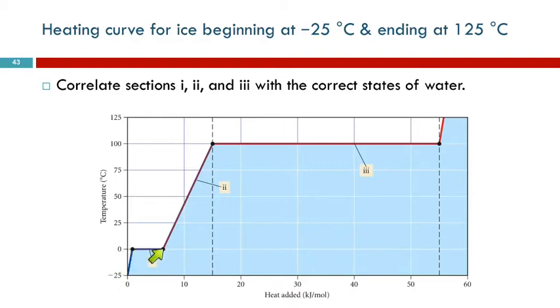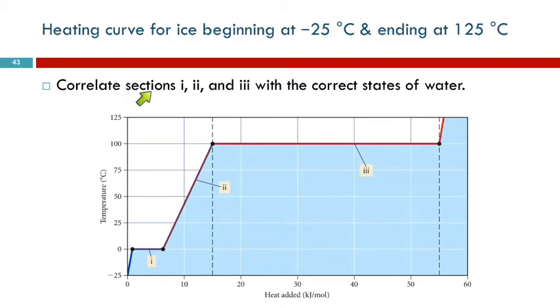Then it melts, and once it's all done melting, the temperature will rise again until the water begins to boil. We keep putting energy in until all the boiling has finished, it's all converted to the gas state, and then the temperature will go up again. You should be able to look at a curve like this and have a basic understanding of what's going on.